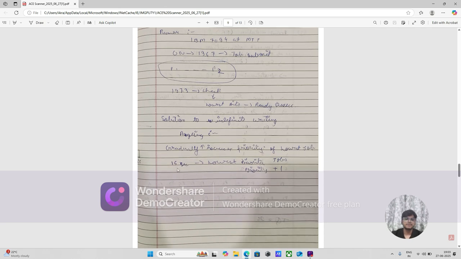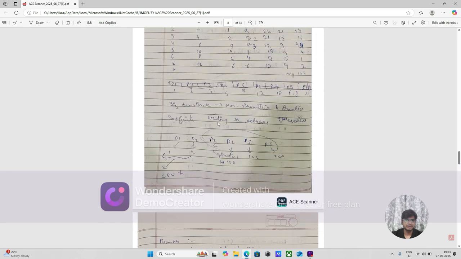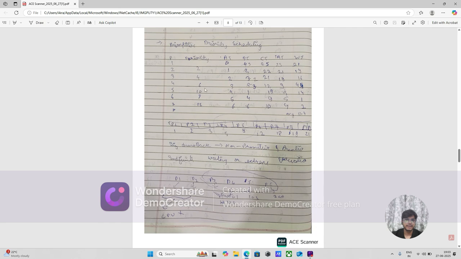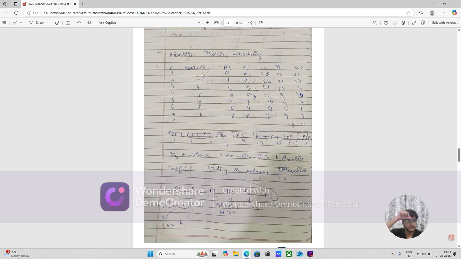What will happen if, after every 50 seconds, the lowest priority process, like priority 2, gets plus one? It will become 3, and after another 50 seconds it will be plus one again. I have explained this very well.